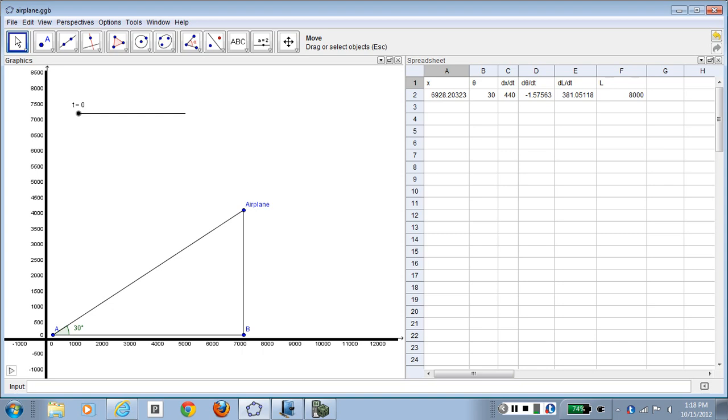And if the rate at which L is increasing is increasing, it'll be a little bit more than that. So let's let a second go by and compare to 381.05. Okay, it looks like dL/dt is actually increasing.